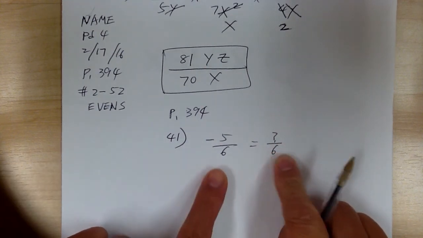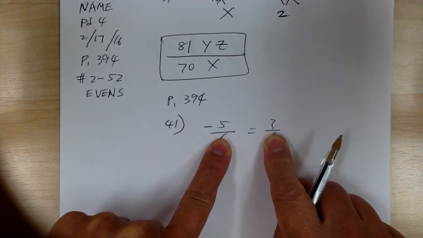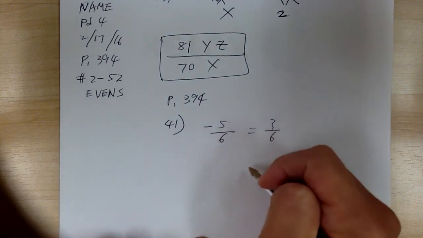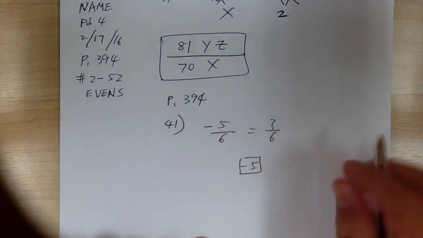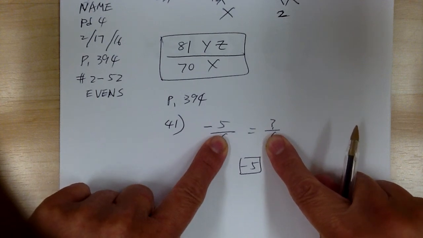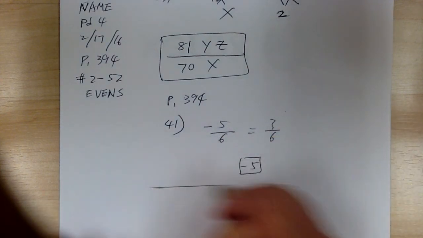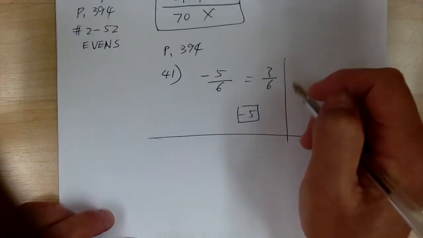So 6 matches with a 6. So that means the question mark equals negative 5. So the answer would be negative 5. Again, all you do is just matching. 6 already matches up with a 6, so it's gone. So the only thing left over for the question mark to match is negative 5. Okay, now let's go to 43.